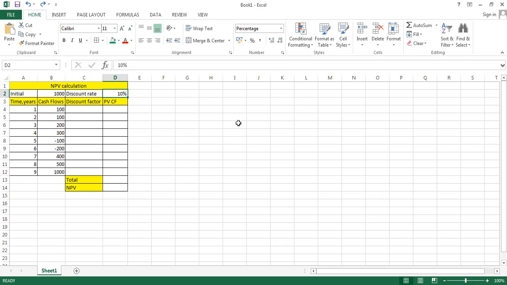And in the table you see here, you have your time, which are years, and the cash flows, which will appear in each of the year. Also pay attention that here you have cash flows with minus signs. So what does it mean? It means that you're going to invest some additional money into this project.